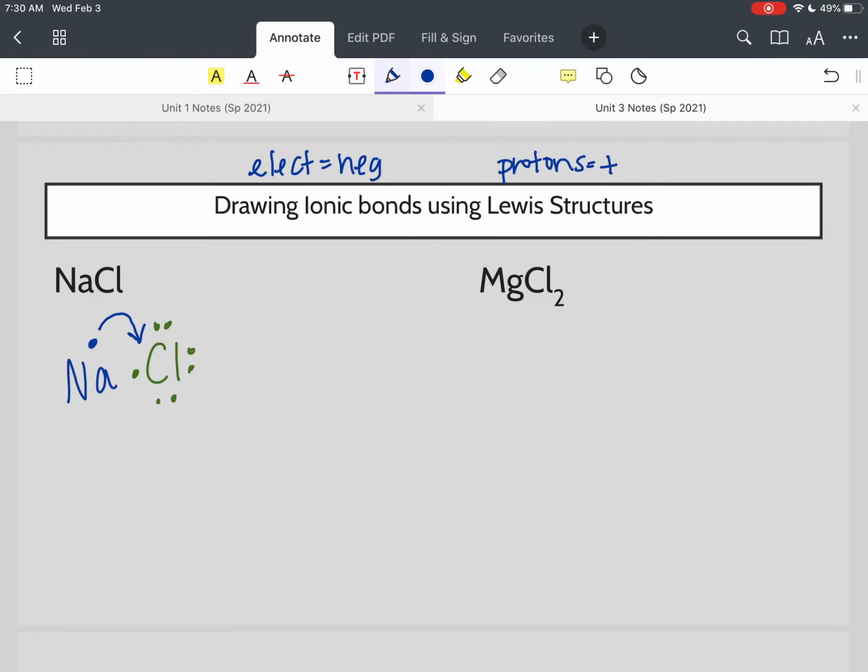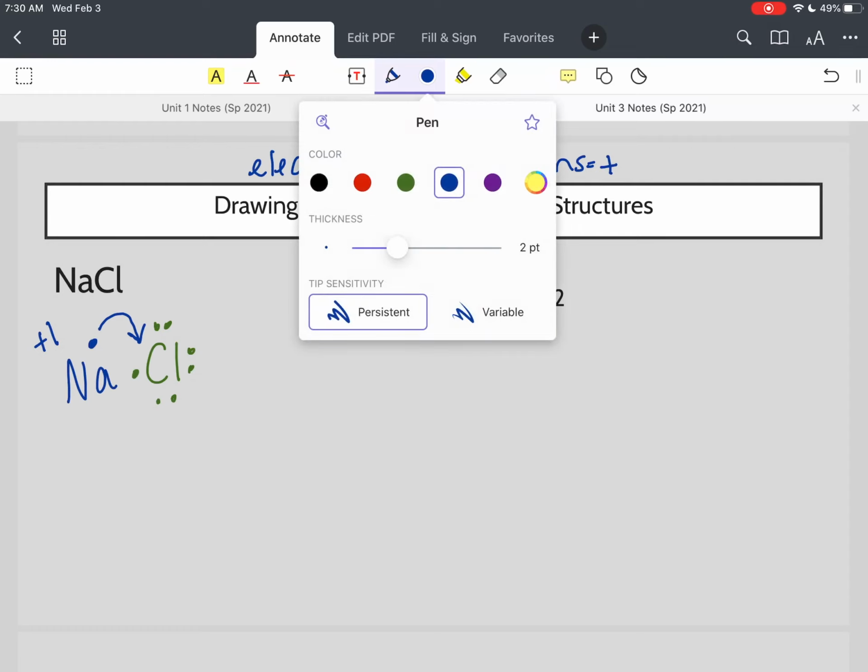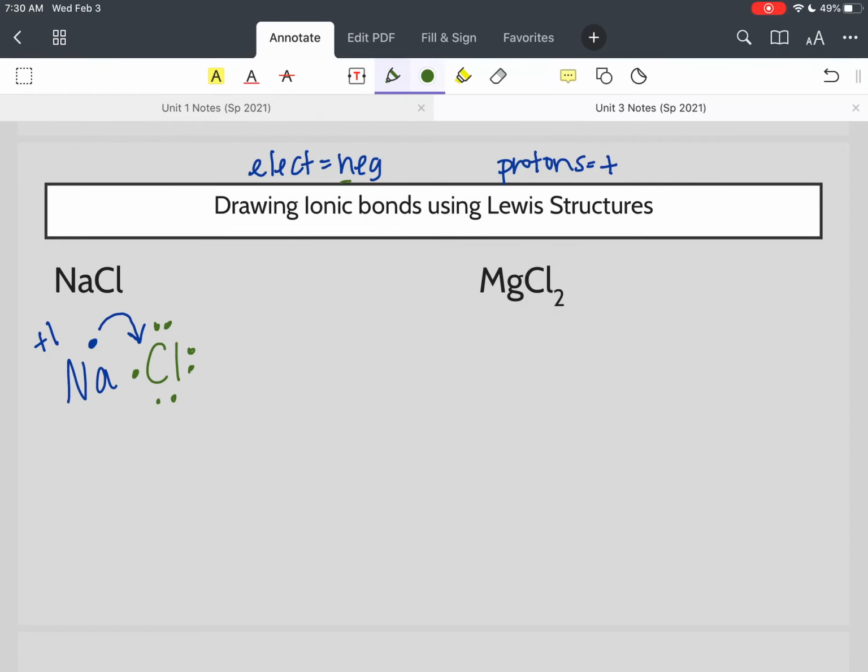If I lose an electron, now that means I have more protons, and I just have 1 extra proton because I've only lost one electron. So that means I have a +1 charge. My chlorine, though, has gained one negative electron. So that means now it has one extra negative. So we're going to write a -1.